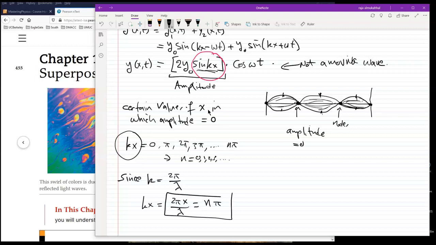You see what I'm saying? In other words, the pi's cancel out here. I will end up with x. What are the values of x where the amplitude is zero? It is basically n lambda over 2.